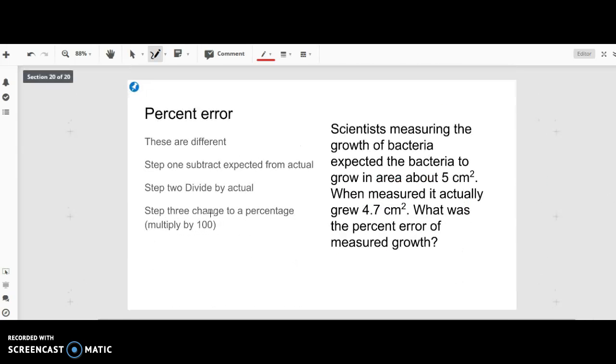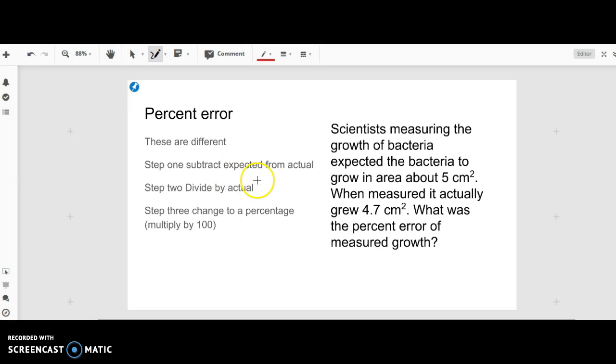The last problems are percent errors, and these are kind of similar. It's one more step. So if percent increase and decrease was working backwards from our original problems, then percent error is adding one more step on top of it.